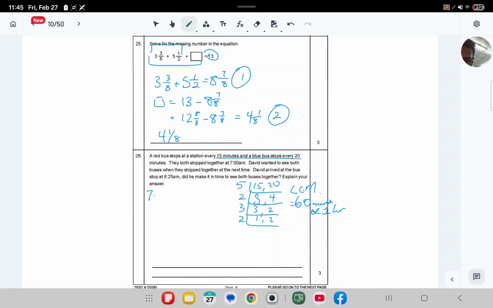So if the last time it was 7 a.m. and the next is 1 hour, so 7 a.m. plus 1 hour is equal to 8 a.m. But he arrived at 8:25. So the question wants us to know now if he made it in time.